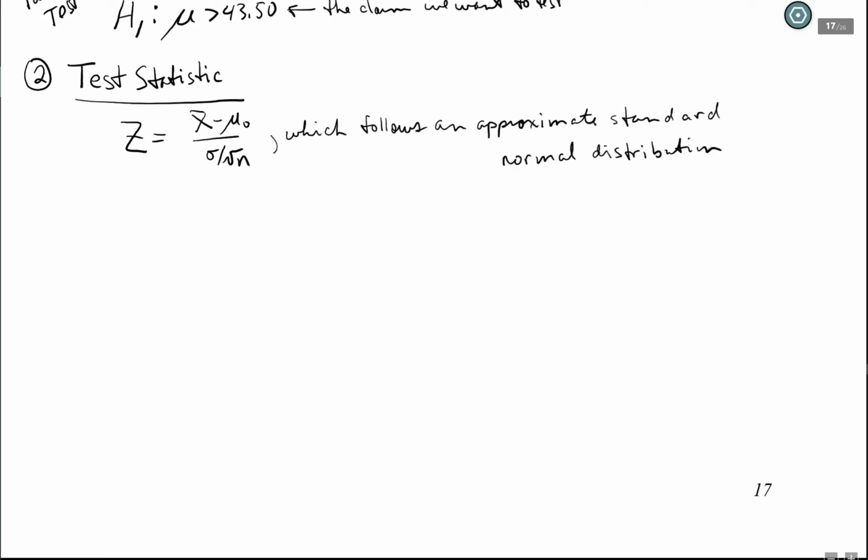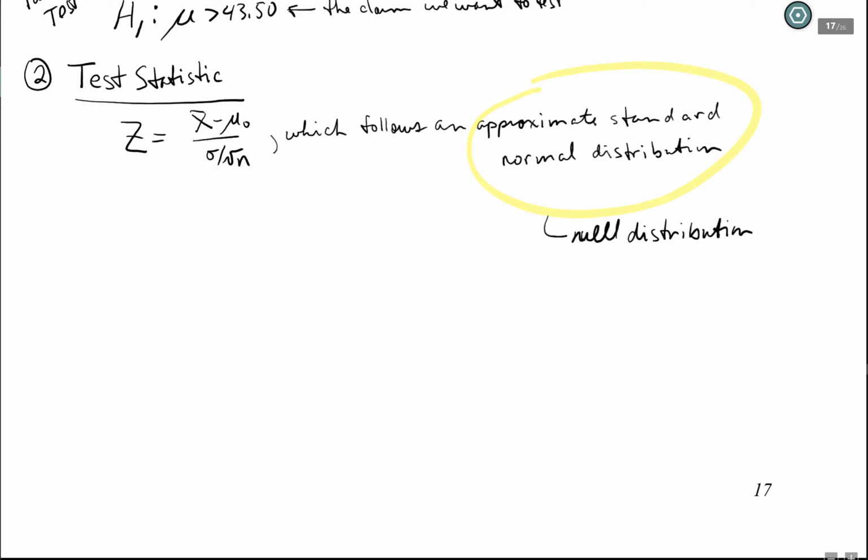And so this quantity here, the approximate standard normal distribution, that's my null distribution. All right, this is the null distribution, or the distribution of the test statistic.